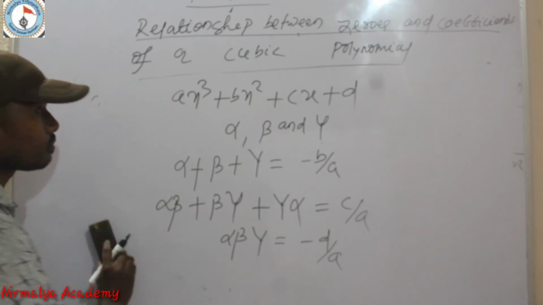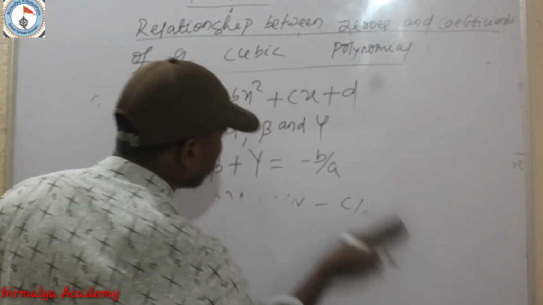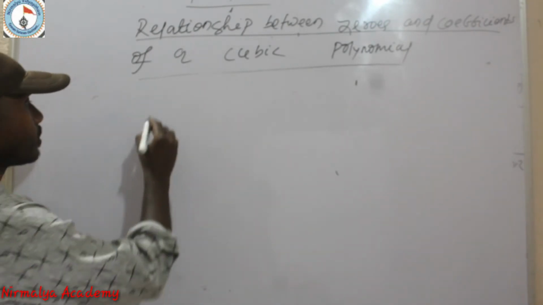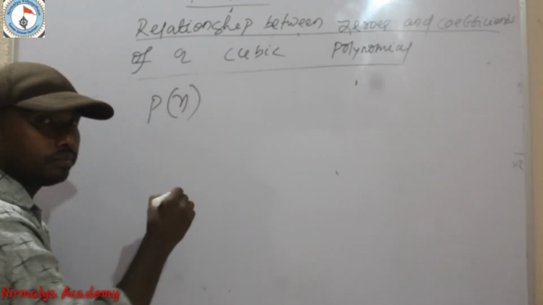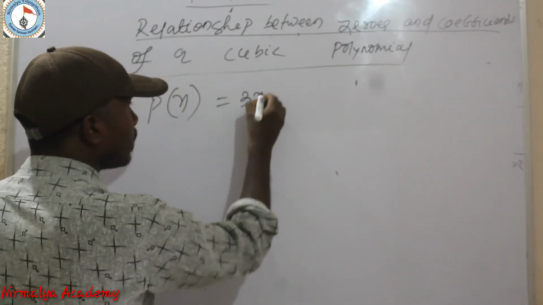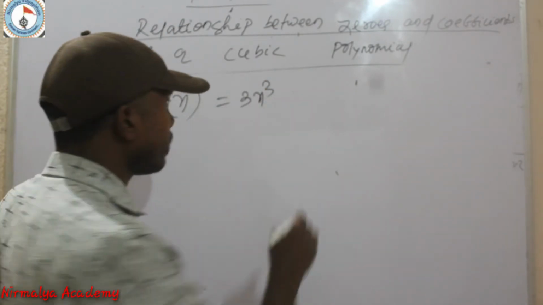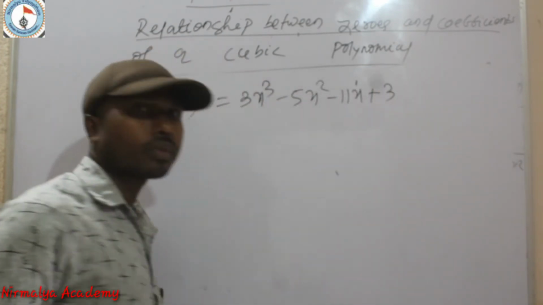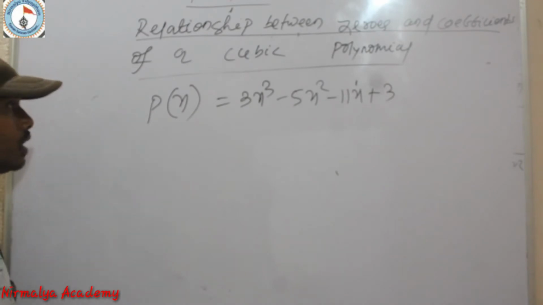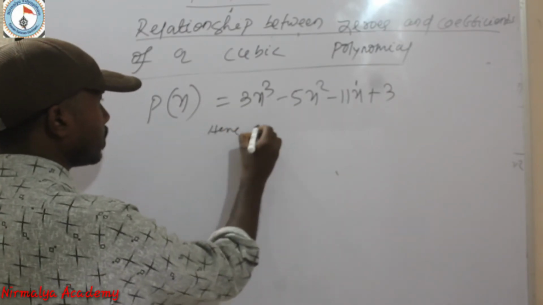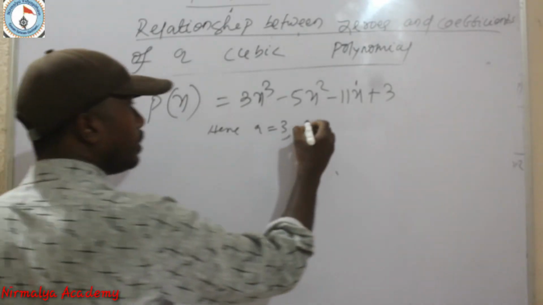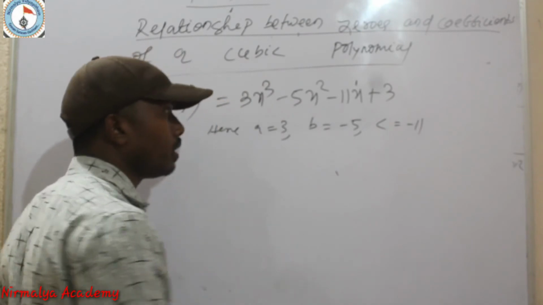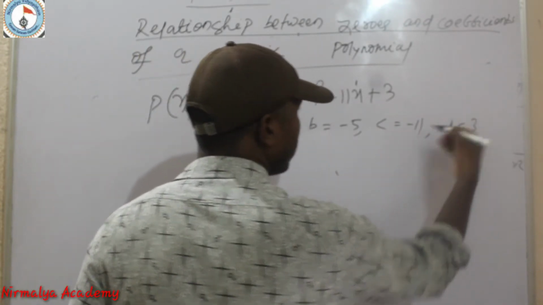Now we take an example. Let p(x) equal 3x to the power 3 minus 5x square minus 11x plus 3. Here a equals 3, b equals minus 5, c equals minus 11 and d equals 3.